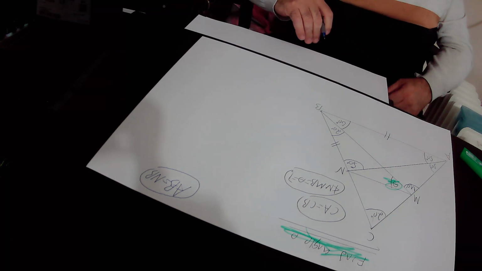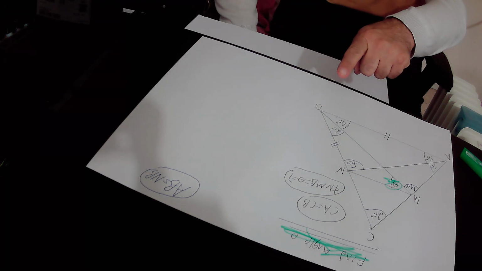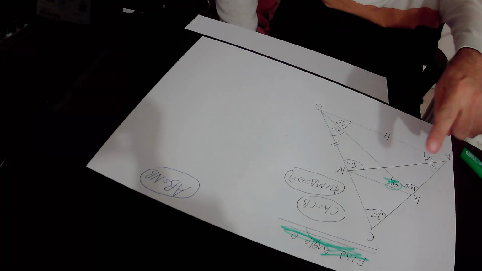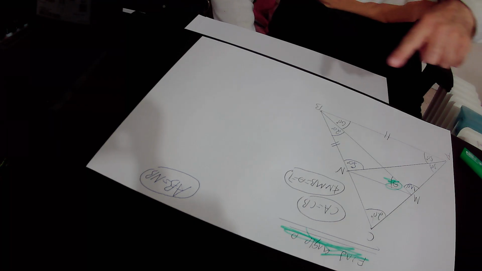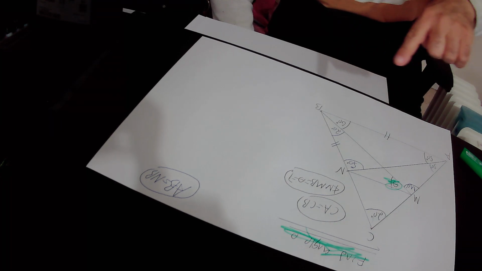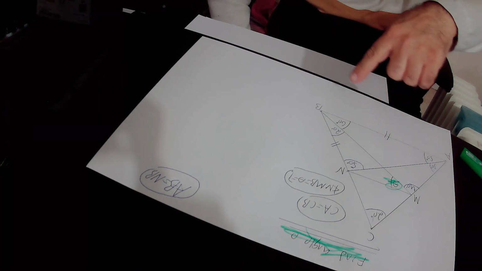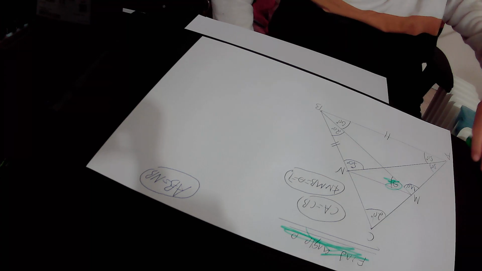In the next step, we'll do a construction from point B. We'll draw line segment BD on CA in such a way that BD will be equal to BA. We'll do it now.